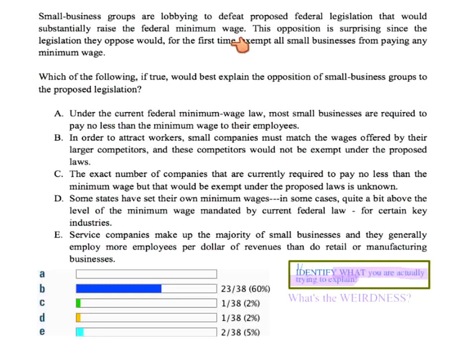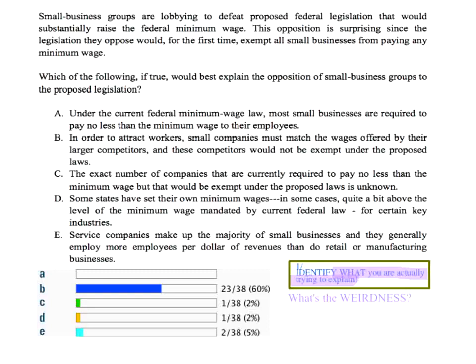Well, small businesses would be exempt from paying a minimum wage. So theoretically, they should not care about this. The law would raise the minimum wage.